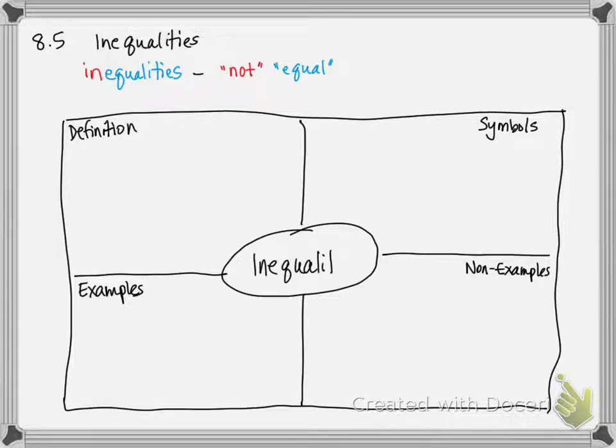inequality. So let's start with a definition. So it's a mathematical sentence, so it's not an expression. Mathematical sentence that states 2 quantities, so 2 different things, are not equal.